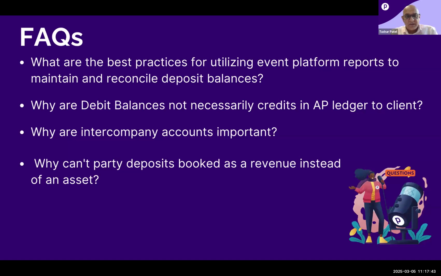I'll cover off the last one because it's pretty much related. So the last one there, why can't party deposits be booked as revenue instead of an asset? Deposits, essentially, the event in my example on the 1st of April hasn't happened yet, and then subsequently gets moved to the 30th of April. So we can only book a sale.